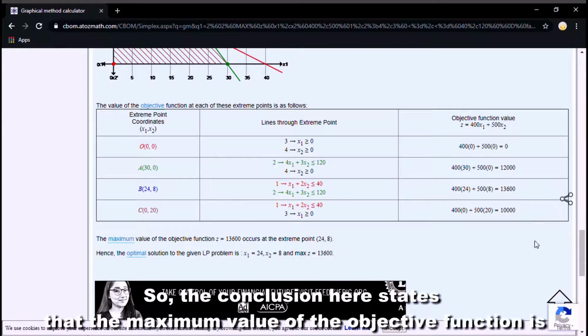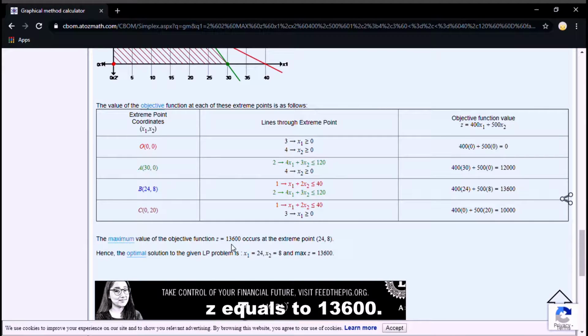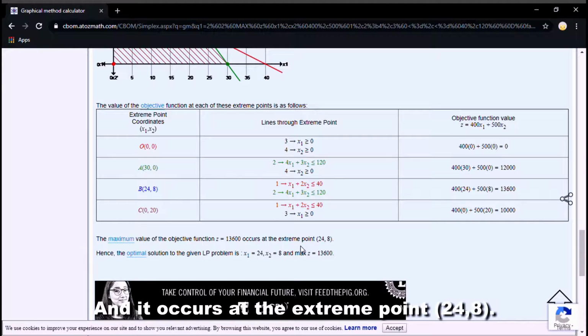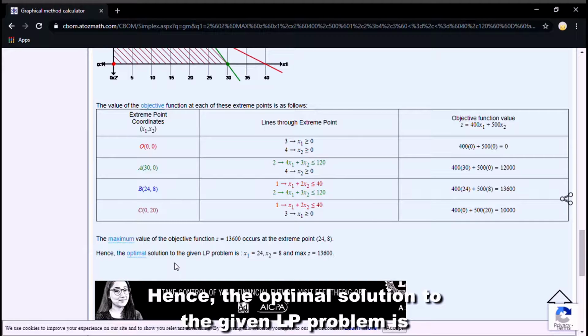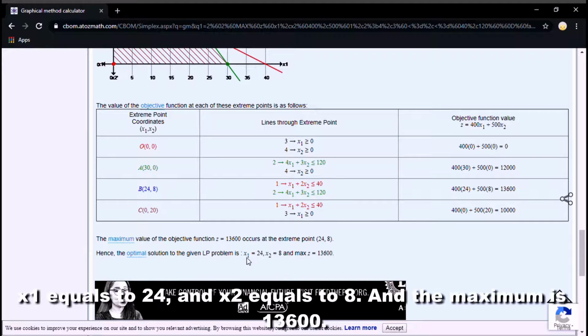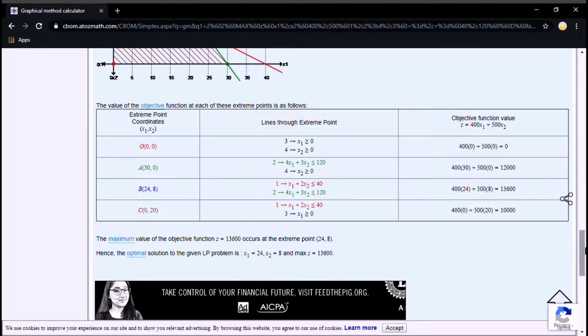So the conclusion here states that the maximum value of the objective function is z equals 13,600, and it occurs at the extreme point 24, 8. Hence, the optimal solution to the given LP problem is x1 equals 24, x2 equals 8, and the maximum is 13,600.